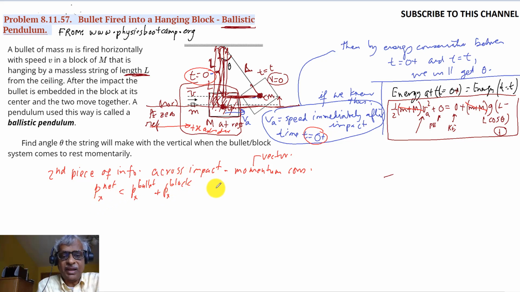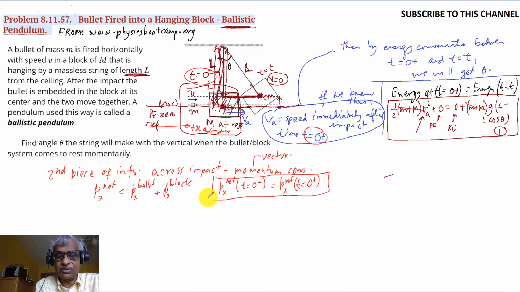So p_x net at t equals 0 minus must be equal to p_x net at t equals 0 plus. So this is what's going to happen.